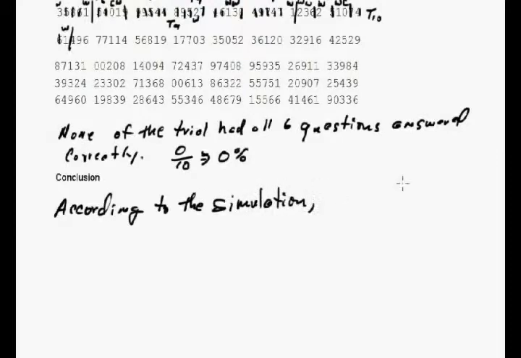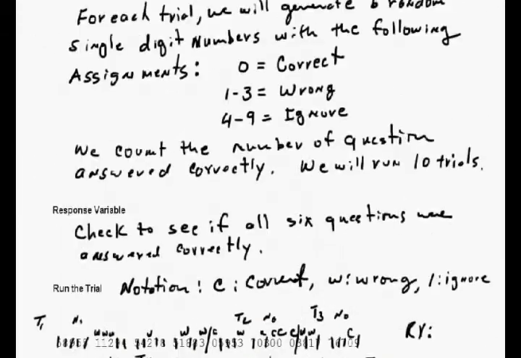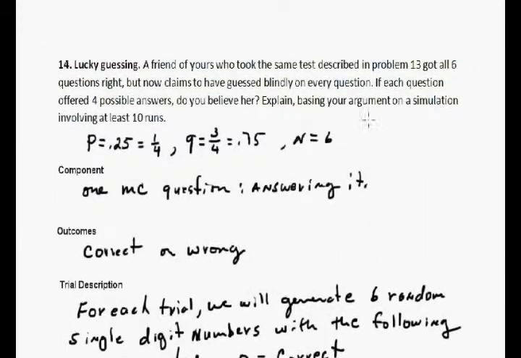always write that. Now let's make sure we're going to answer the question correctly. I always like to go back up and see: if each question offered 4 possible answers, do you believe her? Explain, basing your argument on a simulation involving 10 runs.